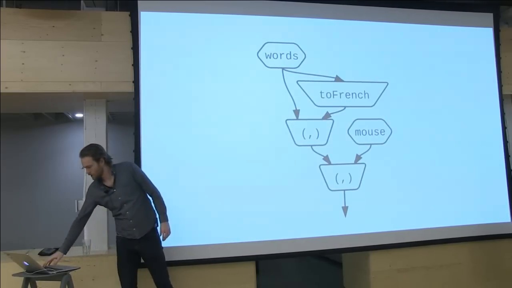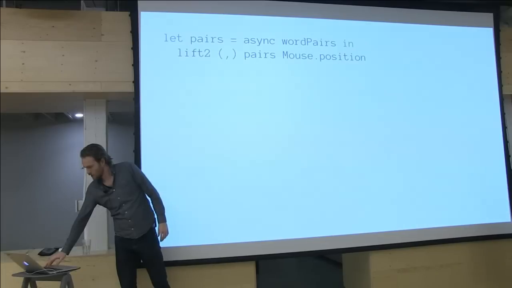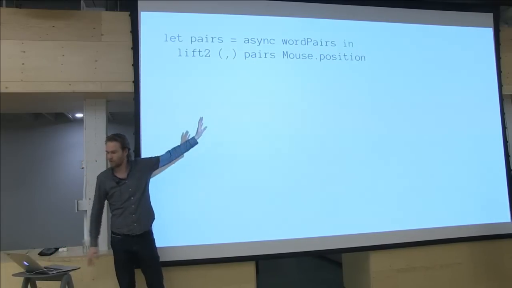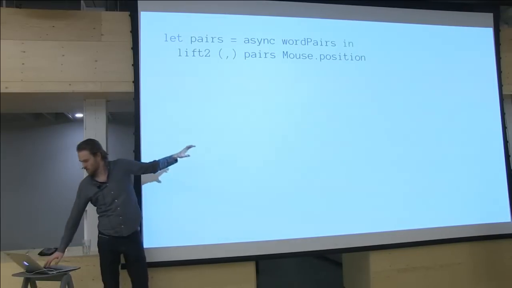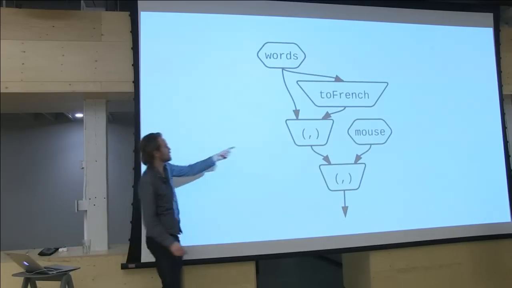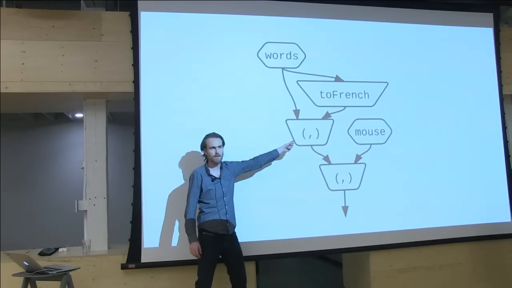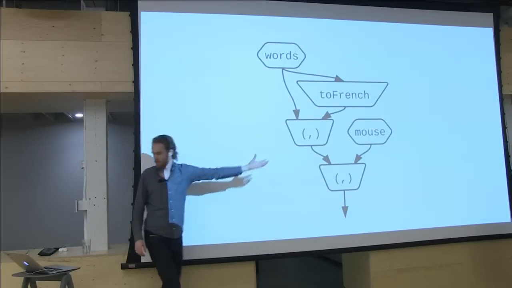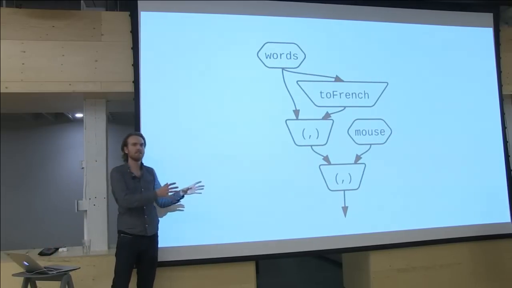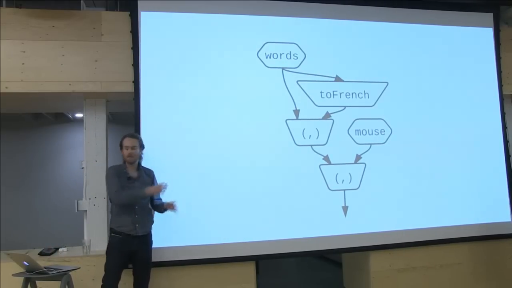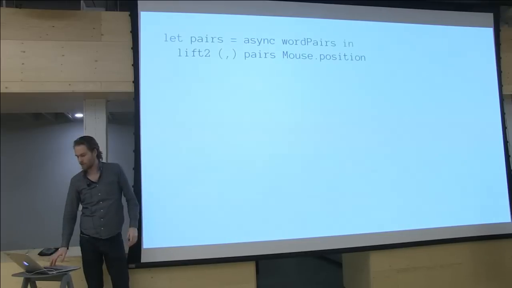All right. So if we've decided that word pairs is slow, this one is called word pairs. It's pairing words with the French words. And then we have the mouse. So if we decided that that's slow and we want to separate it out, then we use the async function.